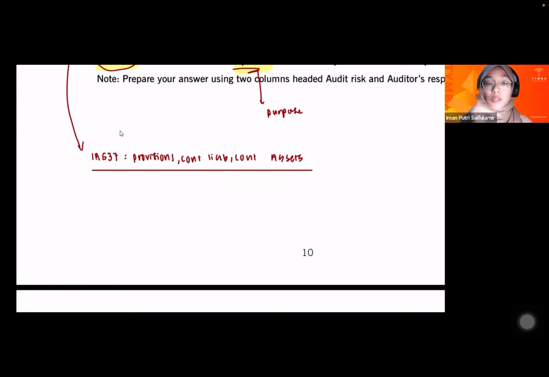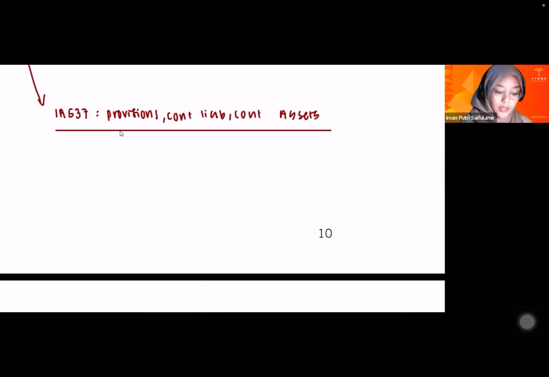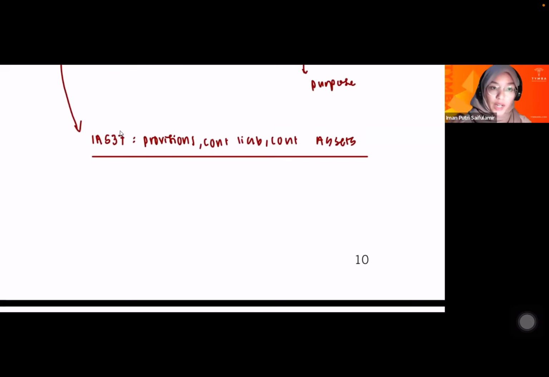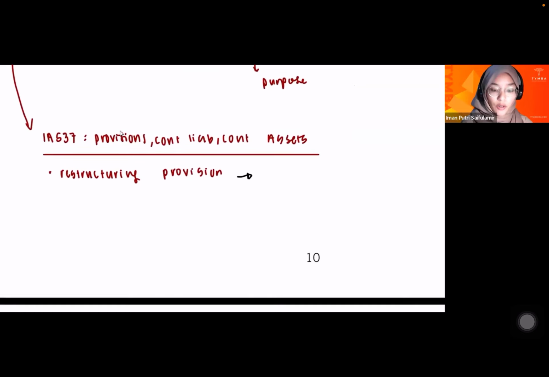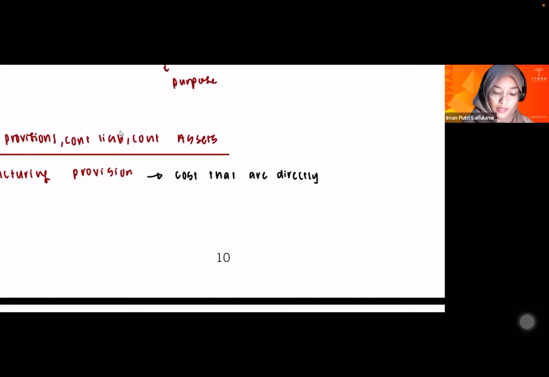So let's look into the restructuring. When do we recognize a restructuring provision? The first thing, this restructuring provision should only comprise costs that are directly attributable to the restructuring.